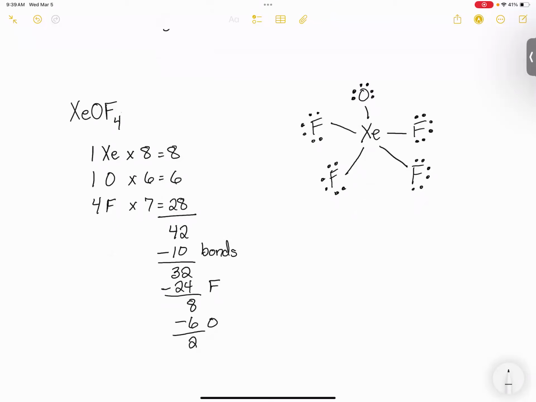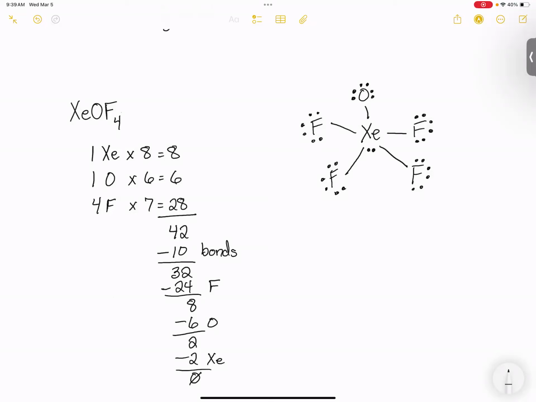According to the rules, if electrons still remain once you've given your outer atoms an octet, they go on the central atom in pairs. So we will put this 2 on the xenon and we hit 0. When you hit 0, the first thing to ask is, does everybody have an octet?